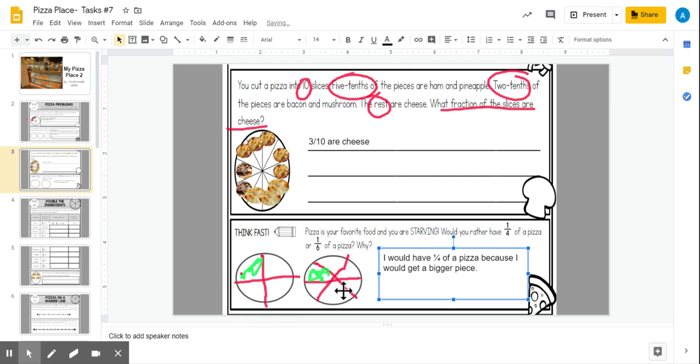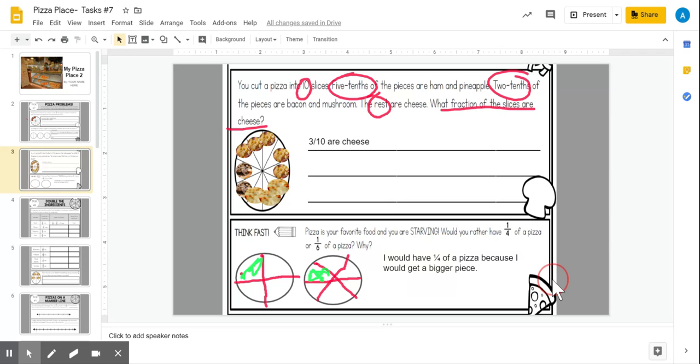And then you can see right here that shows when you split it into 4, so you get a bigger piece. When you split it into 6, you're splitting it more, so it's smaller pieces.